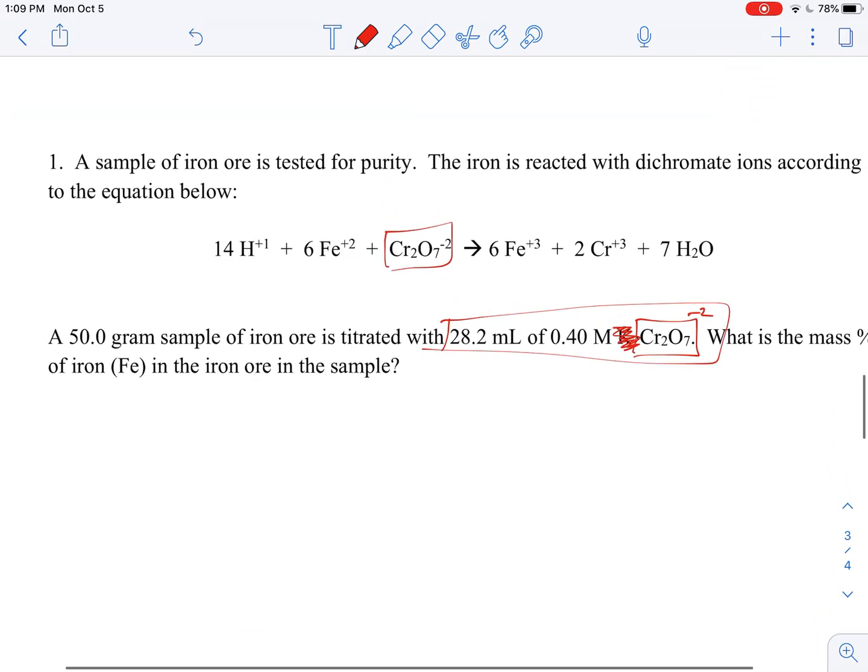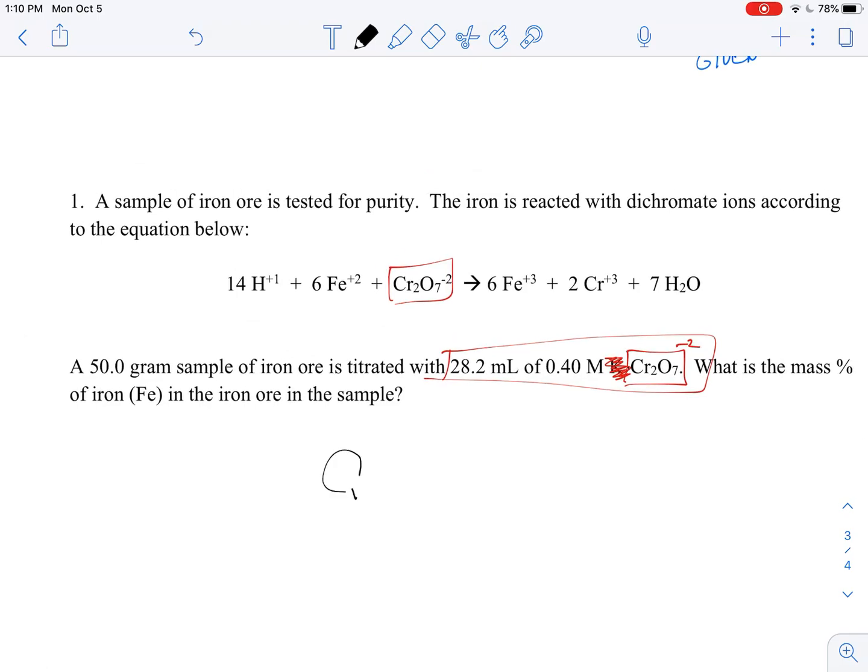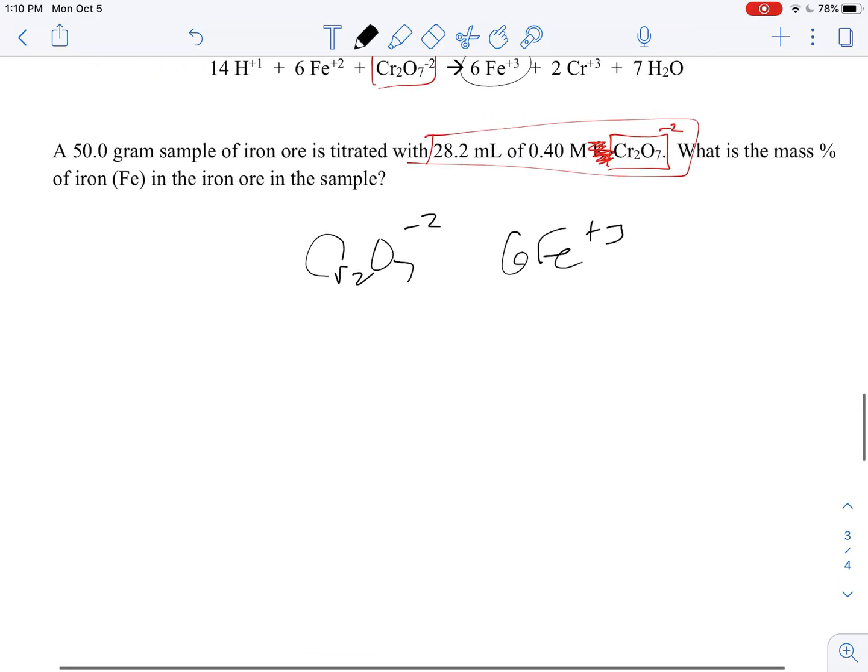So what you're going to do is come down here and you have Cr2O7 2-. And you're going to be interested in the iron. Now, which one? This one or this one? Doesn't matter. They're both 6. So pick any one you want. I don't know, I like going right. So I'm going to be interested here in the 6 iron. Now, I want to know grams of the iron.